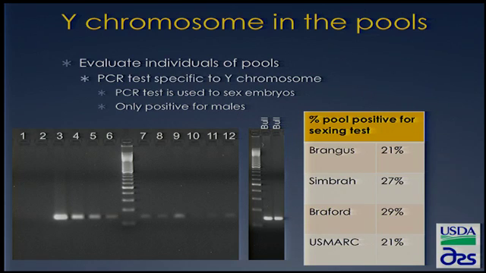They're all females that were in the open pools, and a number of them are positive for this sexing test. And just to give you an example, these are two bulls. So we do have some females that are just as intense as we see in the bulls. In fact, we're able to get 21 to 29% of the animals, or the females in our open pool, were positive for this Y test.